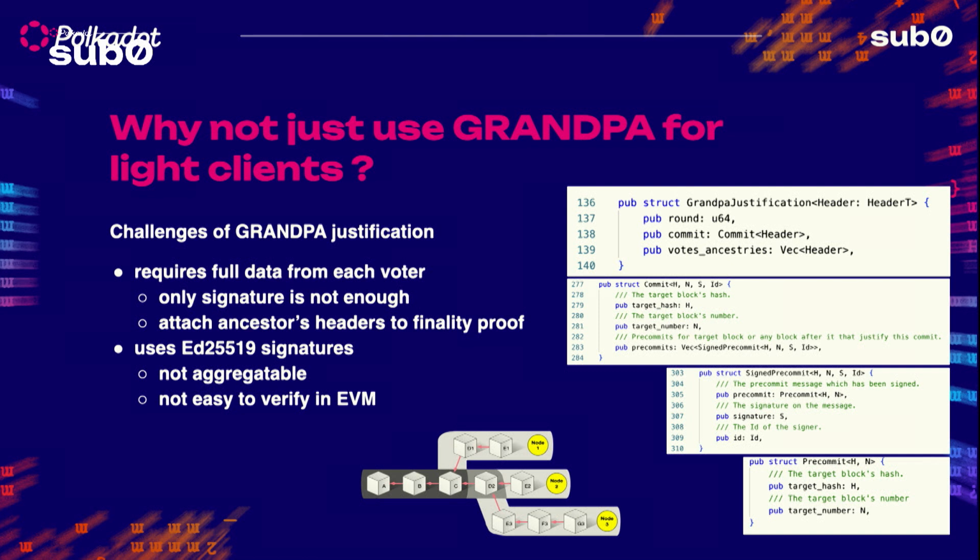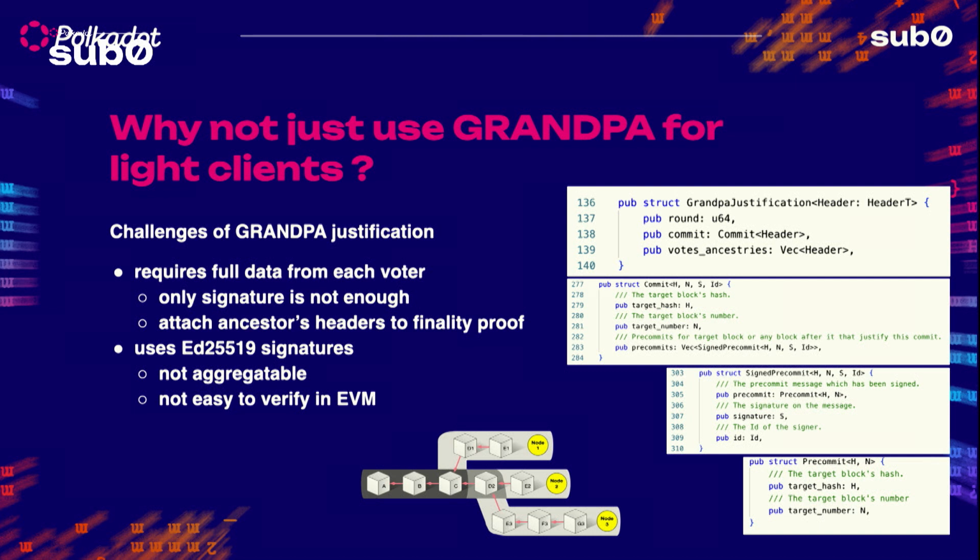As I said, validators are voting for subchains. So for each subchain, you have a number of ancestors. So you have to include the headers of these ancestors in the finality proof. And every single round, you have about 1,000 validators voting for that. So the amount of data that you need for that is kind of important.